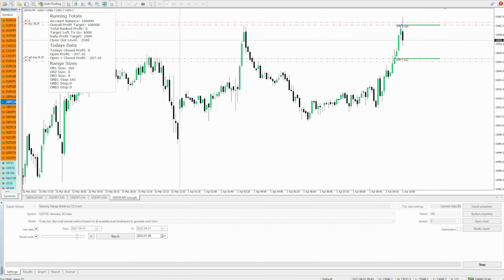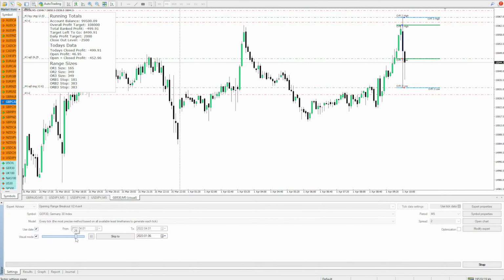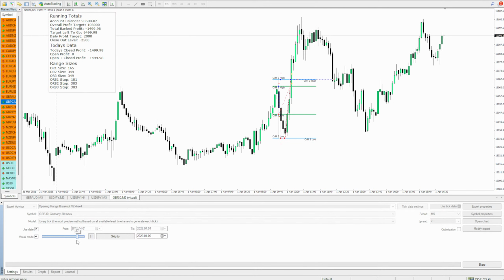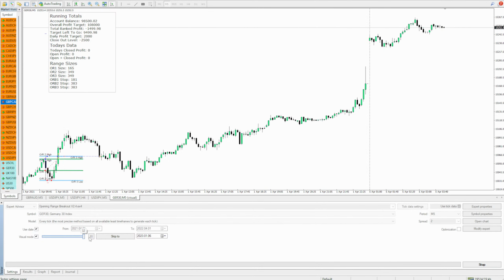So we're trading the 15 minutes prior to the open, and we're taking this initial candle, the opening cash balance candle breakout. And that works pretty well as well. Again, I've got it set up with break even. This is all broken because I've introduced the break even stop. I've got to redo all the set files.